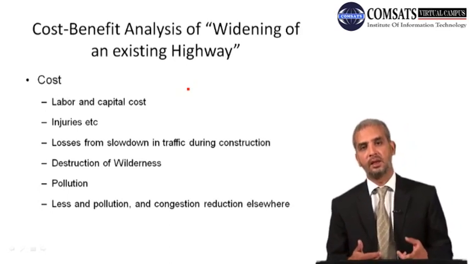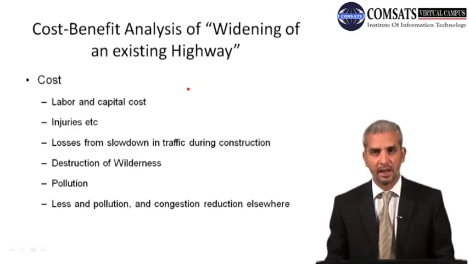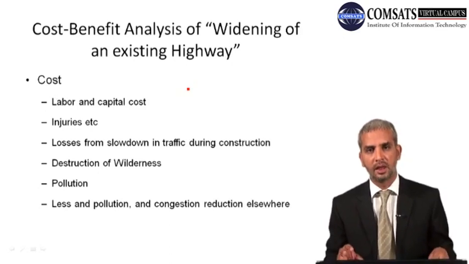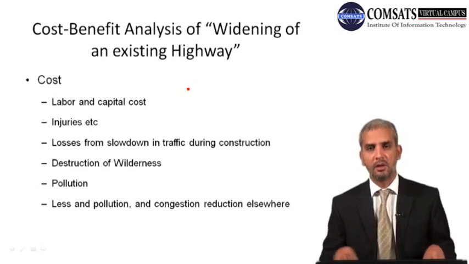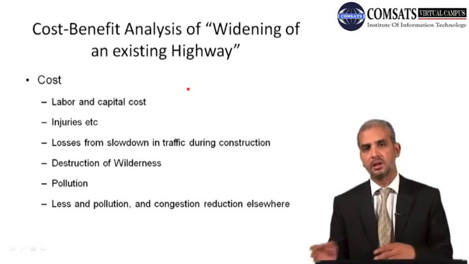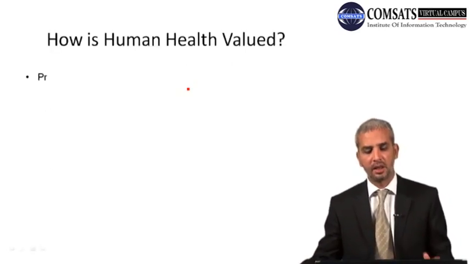First we had an irrigation project, and now we have widening of an existing highway as another hypothetical example, which has its benefits and costs, and we saw how we can enumerate and evaluate those costs and benefits. Taking up the discount factor would be a secondary objective that can be done later on.